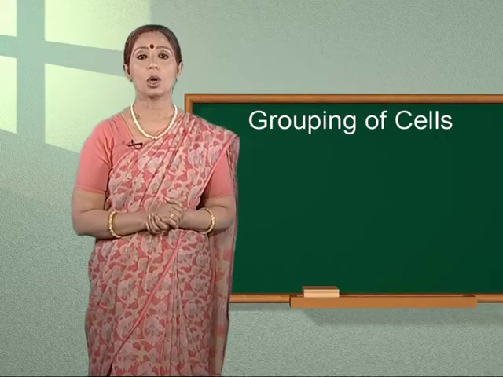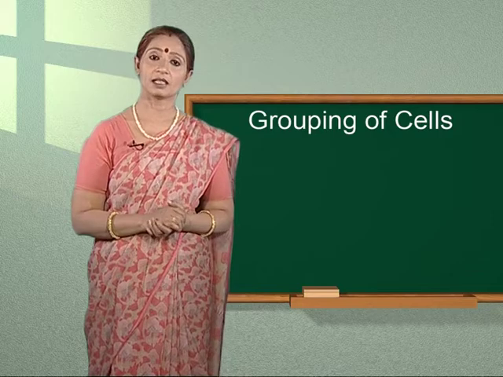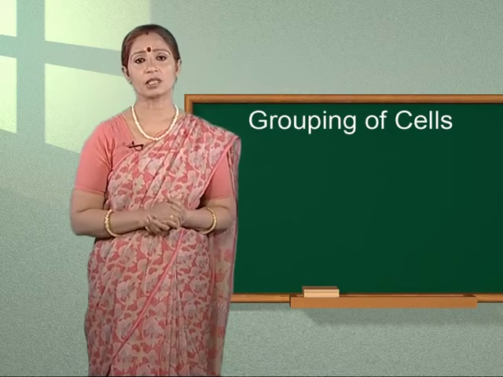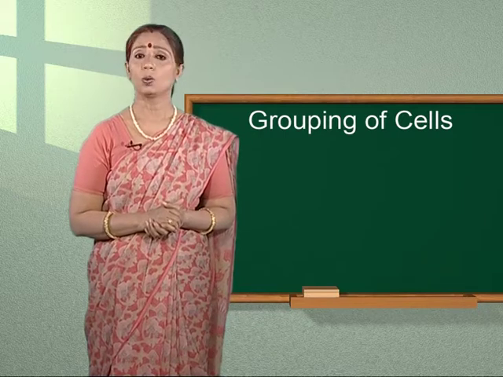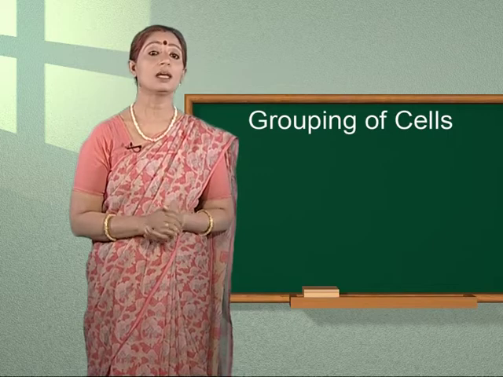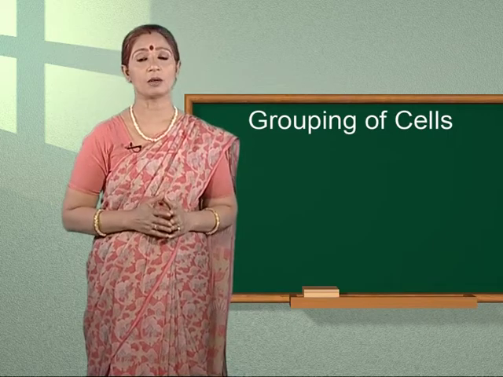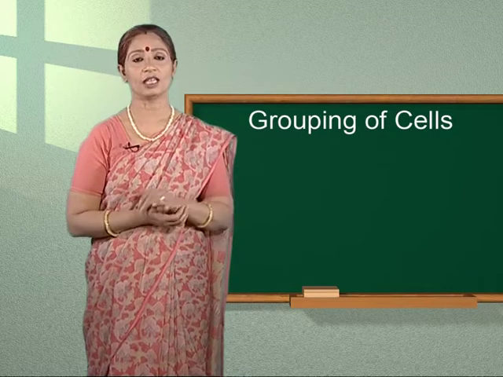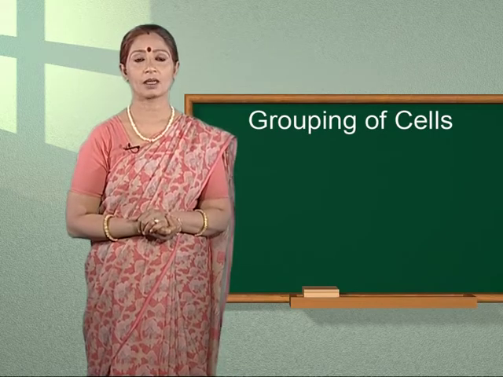Dear students, whatever we have learned regarding the grouping of cells today has some significant aspects which need attention and must be kept in mind while working for these combinations. Come, let us give a thought to these once again.